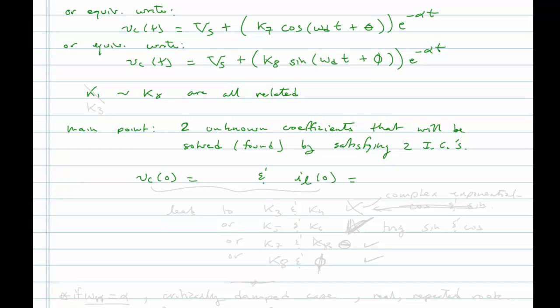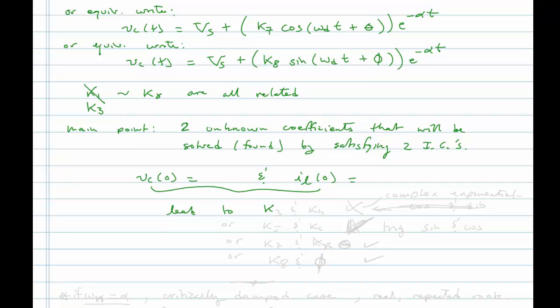And so these together will lead to, I'm sorry, I should correct that, K3, because K1 and K2 were related to when I was looking at the overdamped response. So K3 and K4, and then K5 and K6, and then K7 and K8.